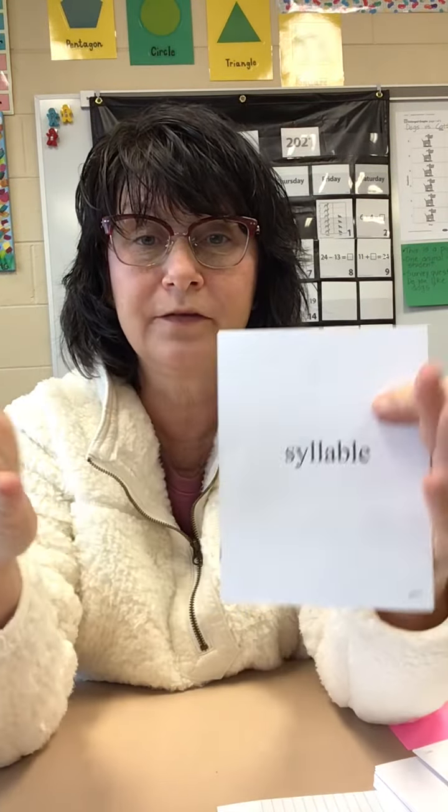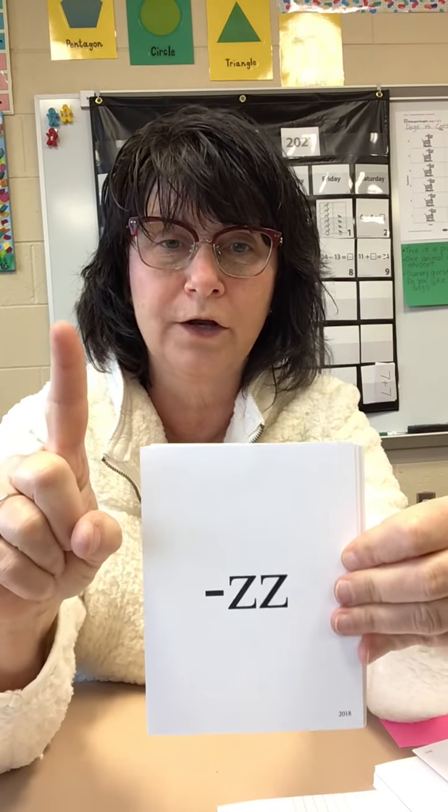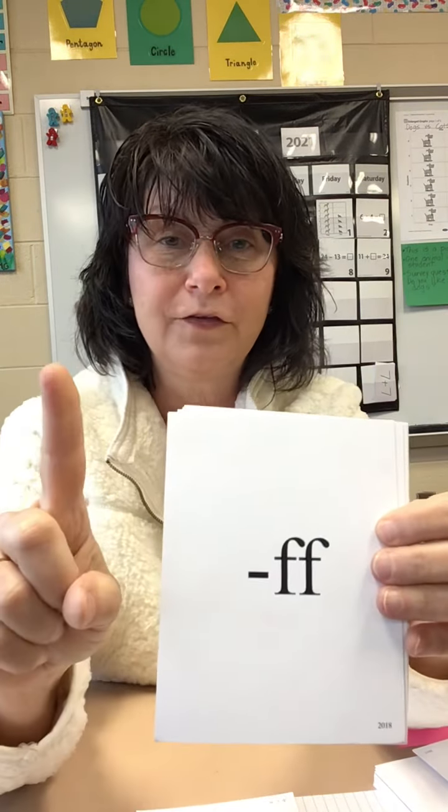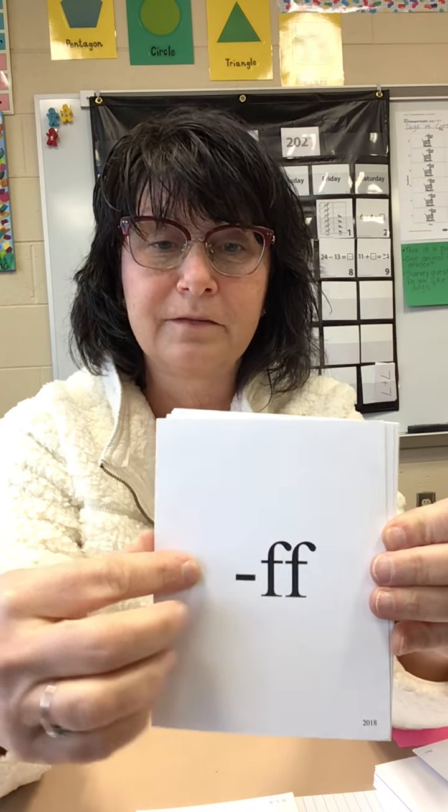A syllable is a word or part of a word with only one vowel sound. All right, you can say these with me. At the end of a one-syllable word after one short vowel, z is spelled ZZ. L is spelled LL. F is spelled FF.